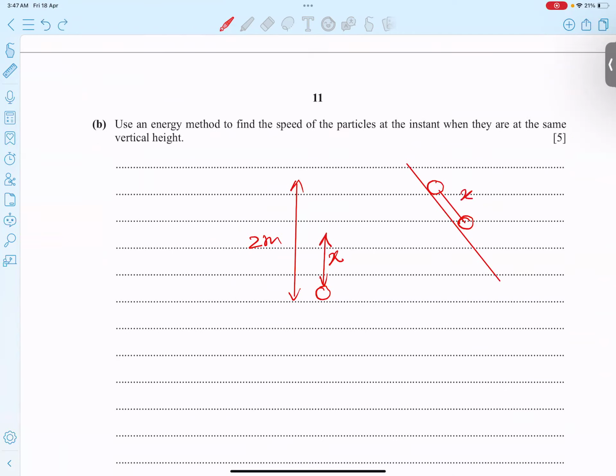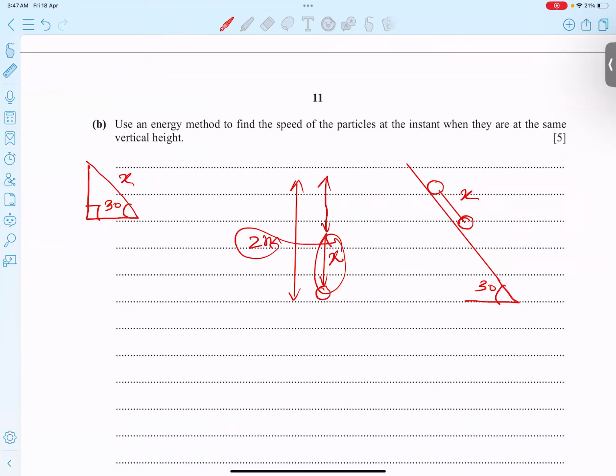So this is x. If you look carefully, students, this is a triangle. Basically we have a 30-degree angle here. I'm going to draw this triangle separately. This is the x traveled, with the 30-degree angle.